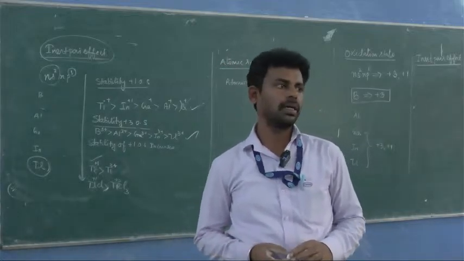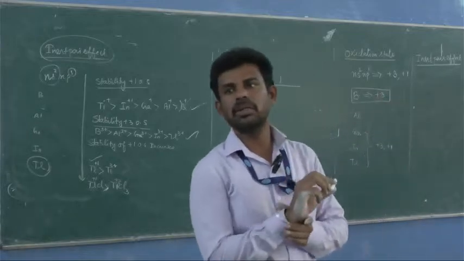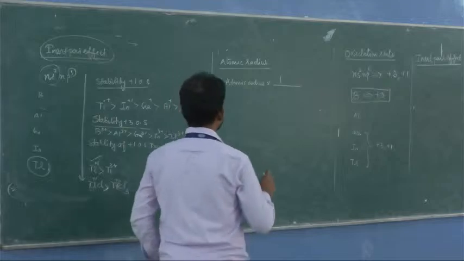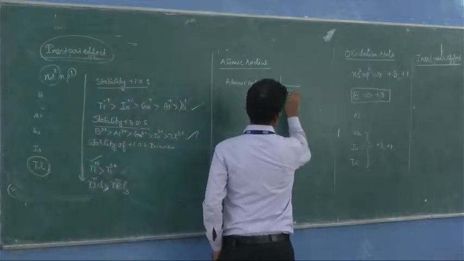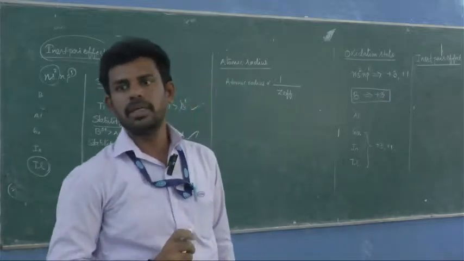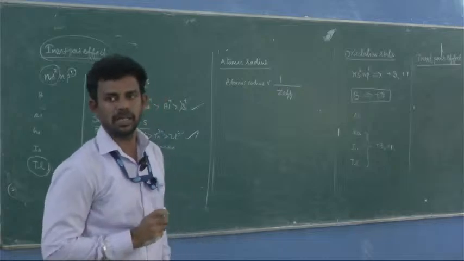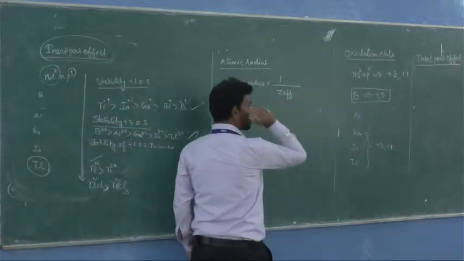Okay, வேற? Atomic radius க்கு வேற என்ன property relate பண்ணிக்கலாம்? Okay, so atomic radius is going to be effective nuclear charge. Effective nuclear charge வேற என்ன property relate பண்ணலாம்? வேற என்ன property?